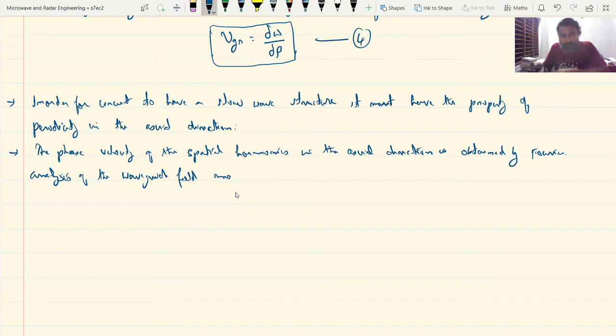The phase velocity of the spatial harmonics in the axial direction, obtained by Fourier analysis of the waveguide field, may be smaller than the velocity of light. Keep in mind, that is one of the important points.